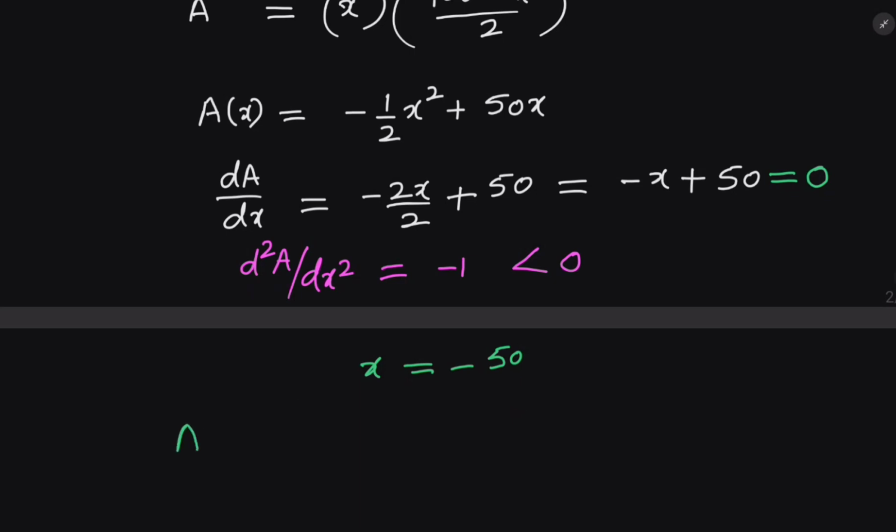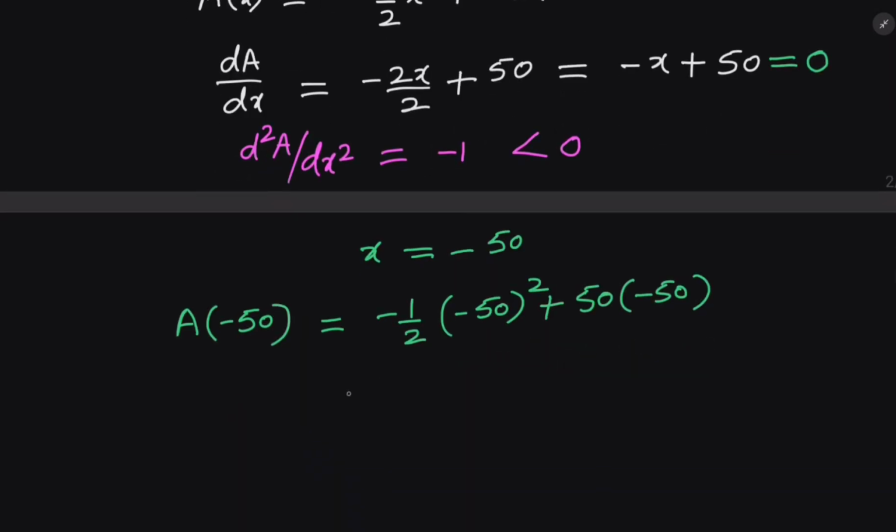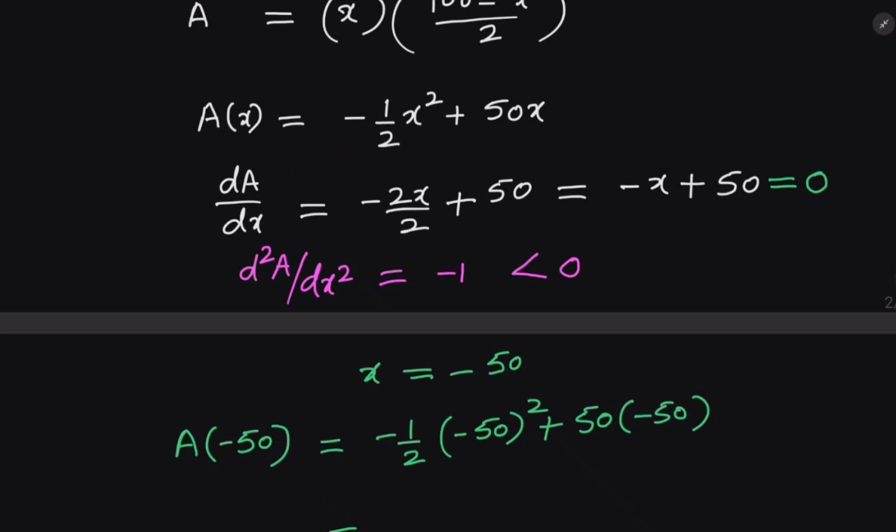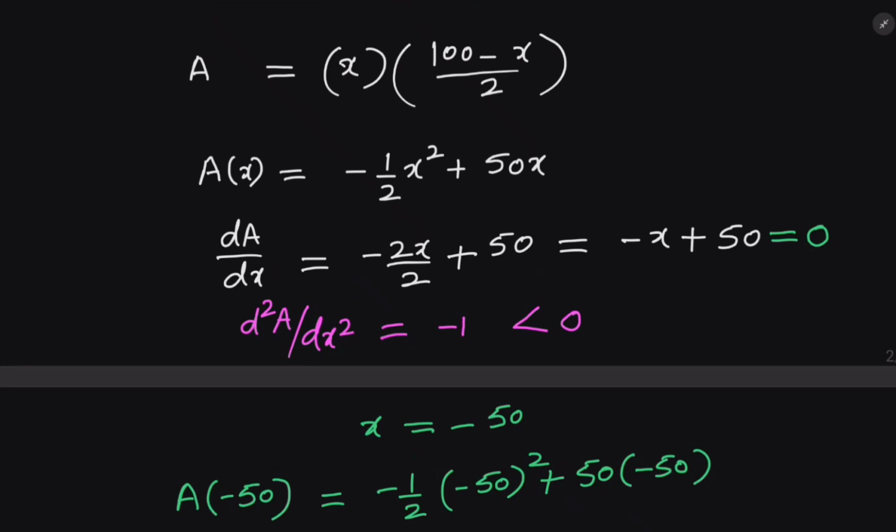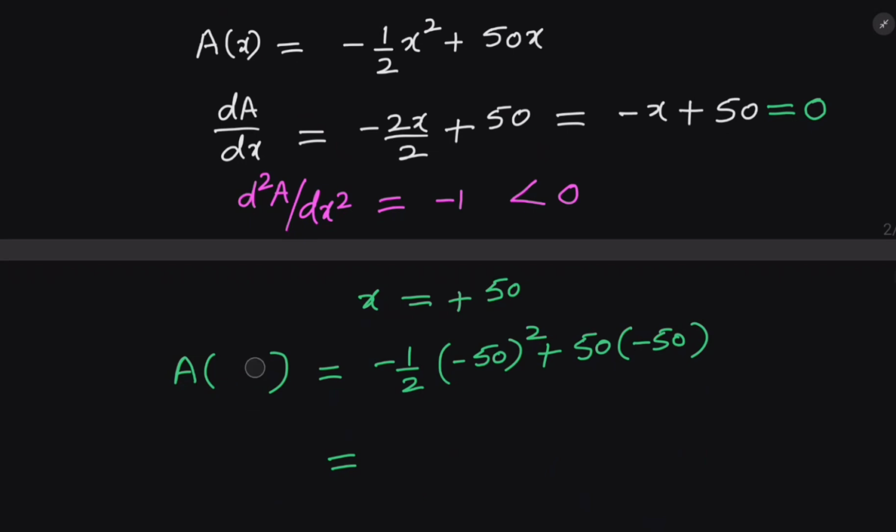Put that value into the area function, which depends on x: minus 1 by 2 times 50 square plus 50 times 50.